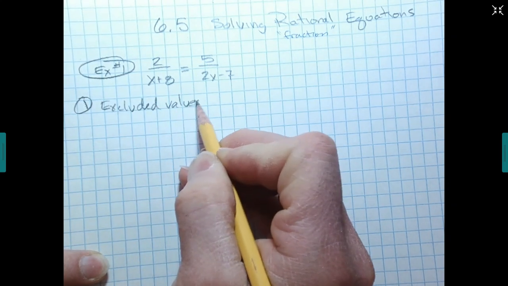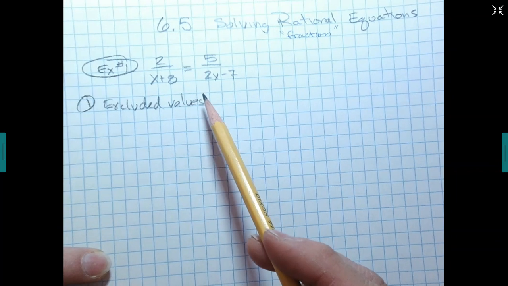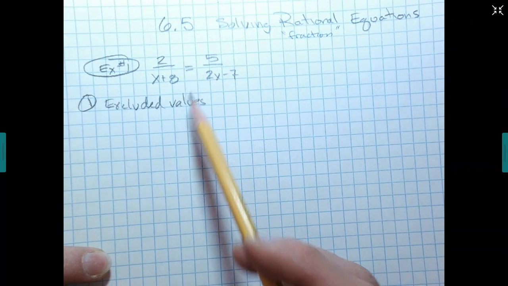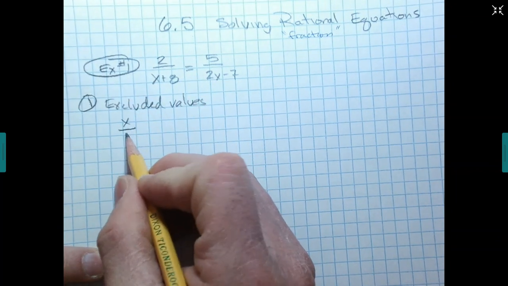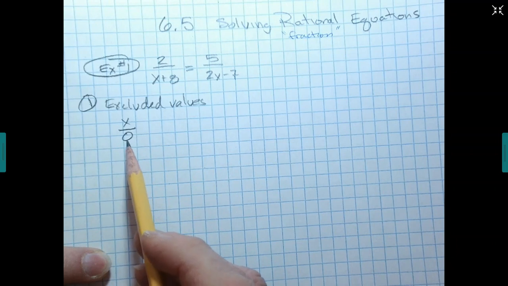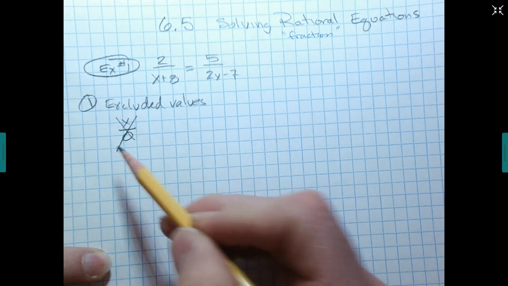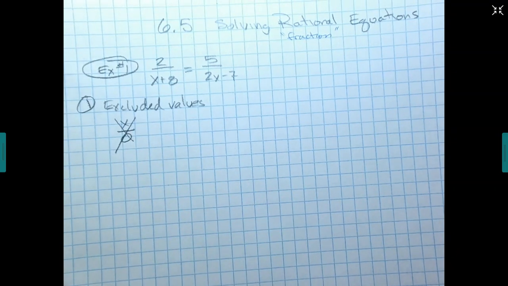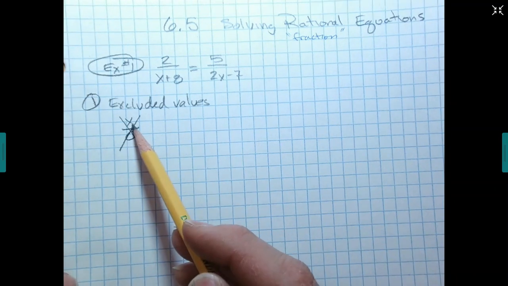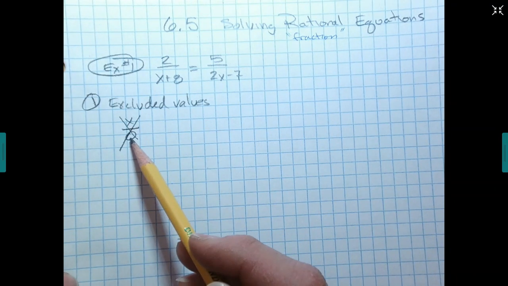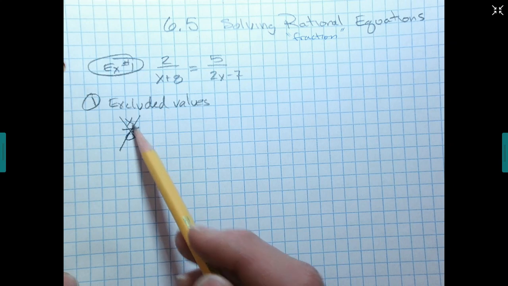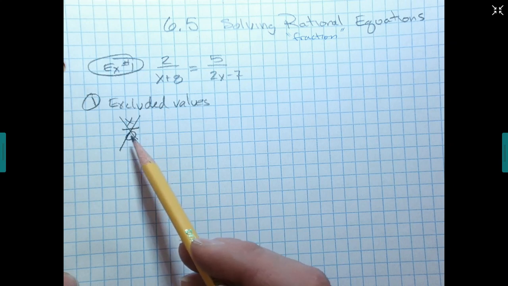Excluded values are values that cannot work. You know that anything over 0 is not a real number. It's not possible to have x zeros. In a calculator, this would show up as error, right? Because it is not a number.